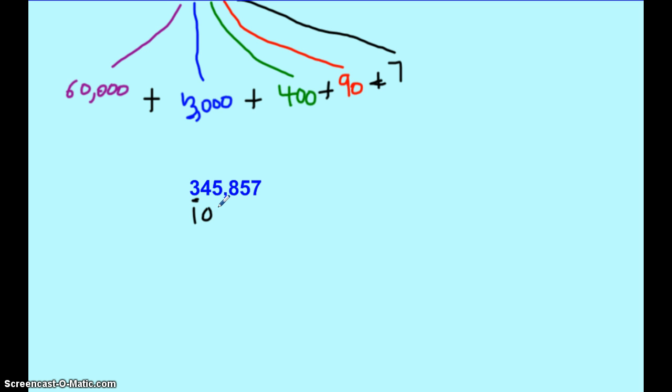Then for every other digit, we can write a 0. So a 0 for the 4, 0 for the 5, a 0 for the 8, 0 for that 5, and a 0 for that 7.